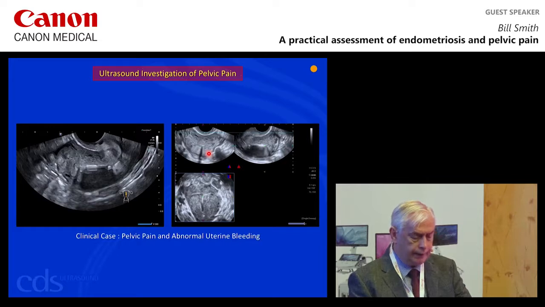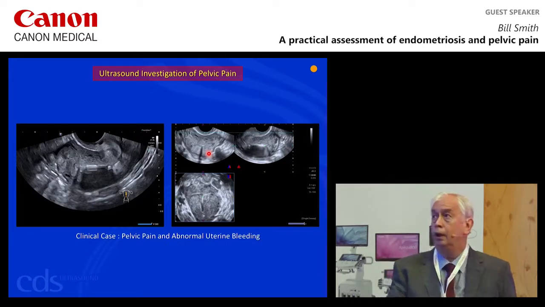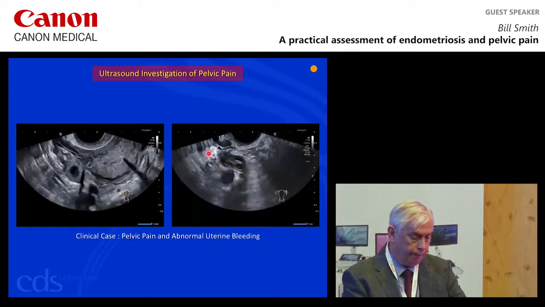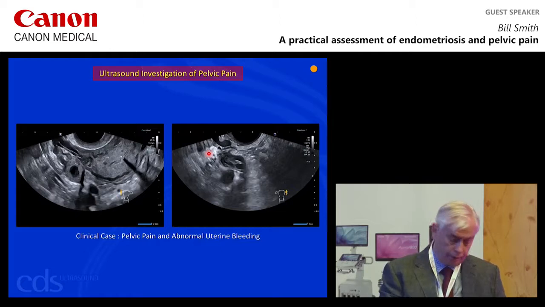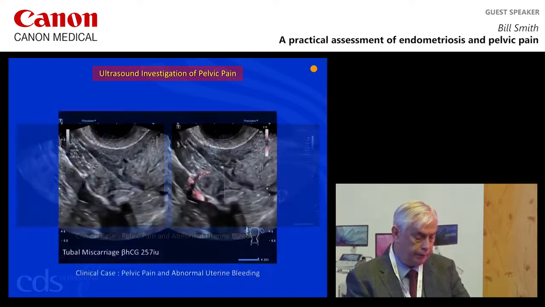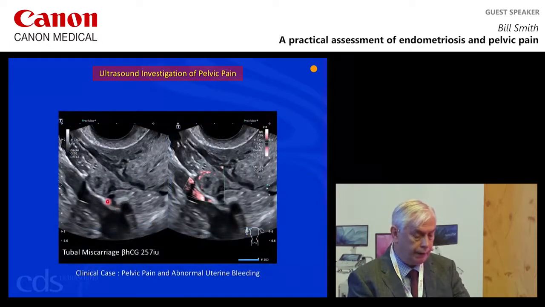If we look at this case, there's an obvious marine IUS there. And here's one ovary, here's the other ovary, clearly seen. But if we look at the right adnexa, we can see that lesion there.